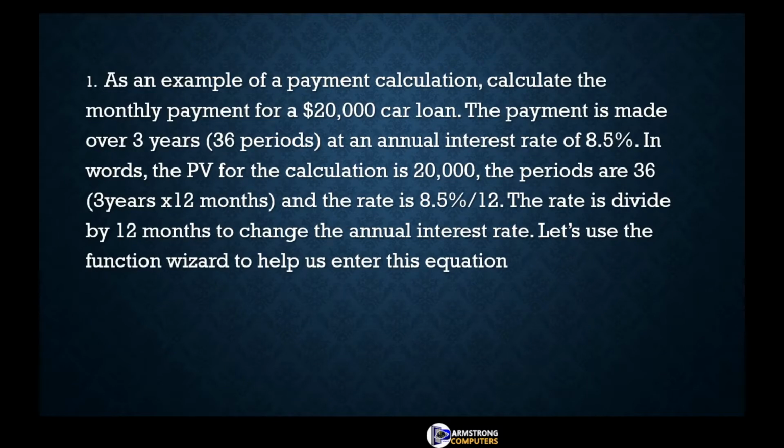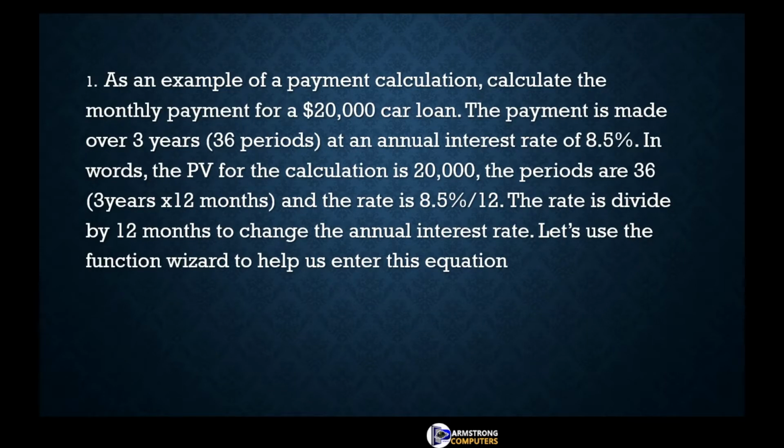The periods are 36, which is 3 years times 12 months, and the rate is 8.5% divided by 12. The rate is divided by 12 months to change the annual interest rate to a monthly rate. So let's use the function wizard to help us enter this equation.